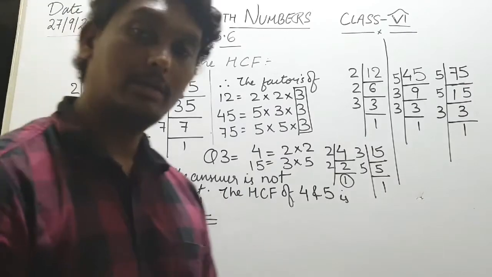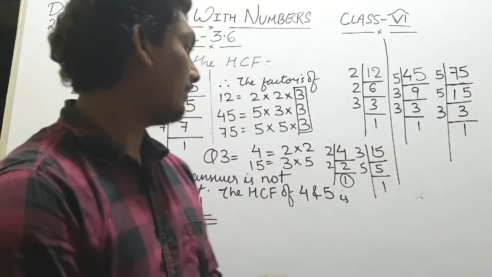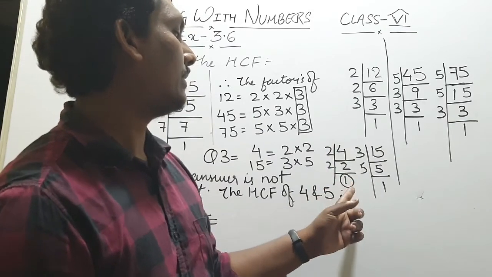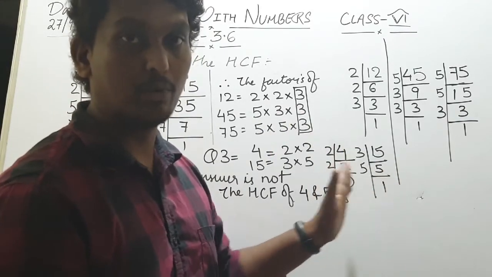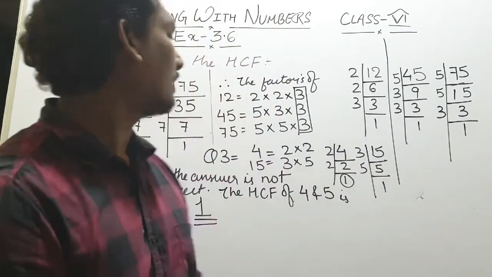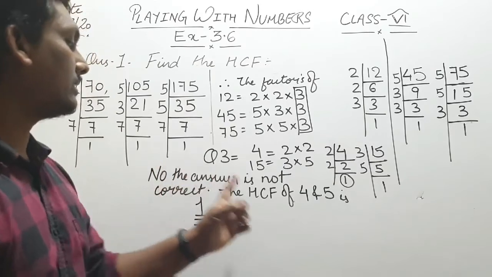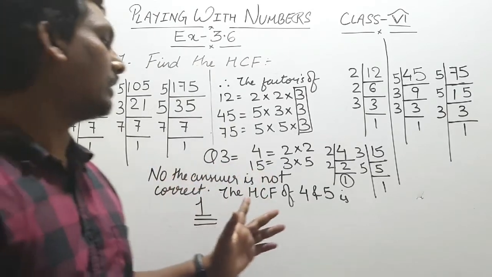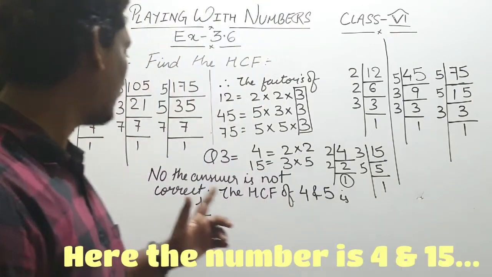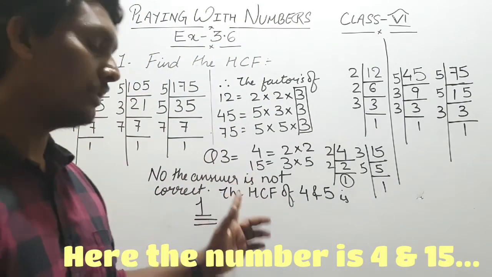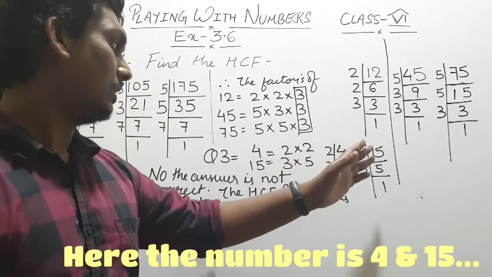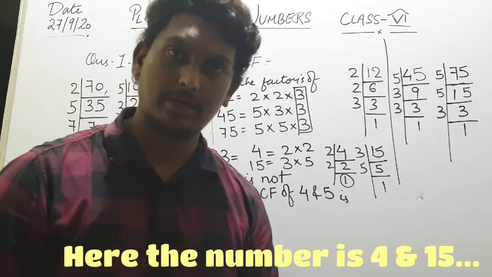Okay, not 0. Here 1 is common in both the cases, 1 divided by 1, 1 1s are 1. 0 is not coming. So our answer is no, the answer is not correct. Therefore the HCF of 4 and 15 is 1. Okay, this is the answer of question number 3. You can write the statement, that is enough. This I have just written to show you the example.